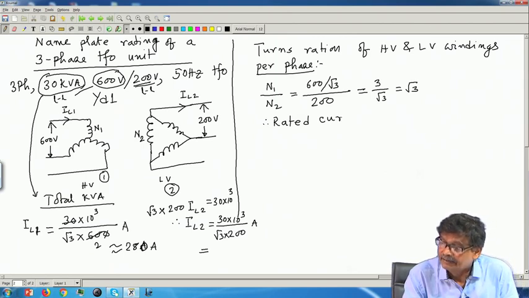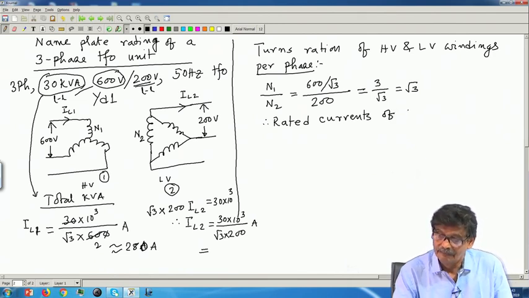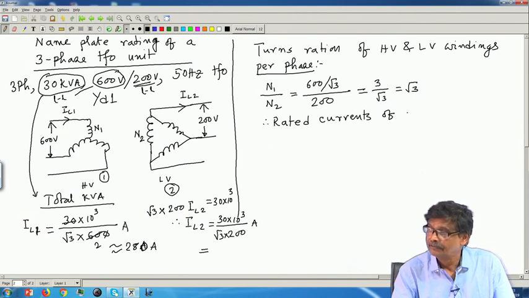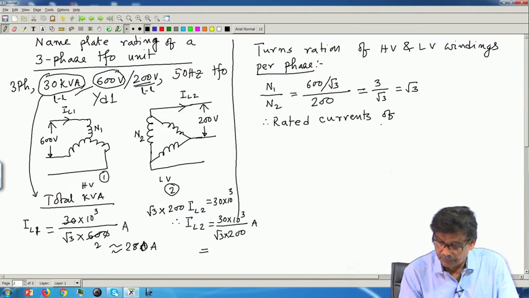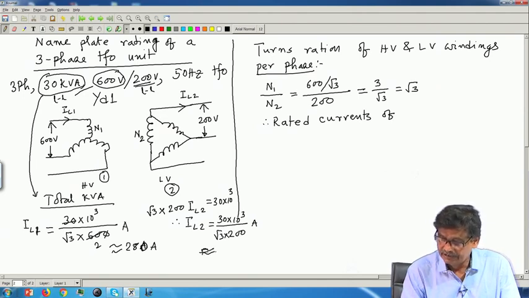Rated currents of, around 840. So, this is around 840 ampere.